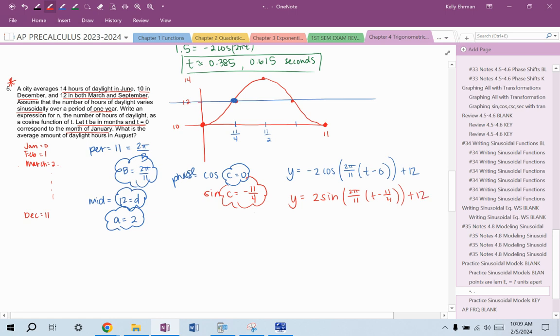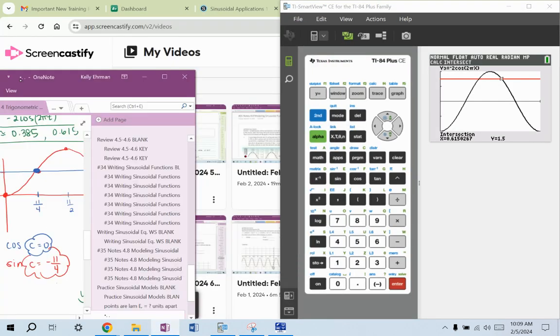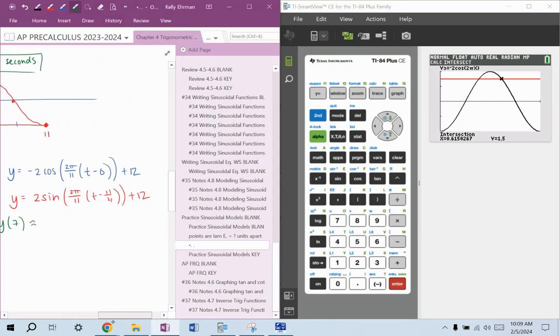And because I don't want to deal with the shift, when I'm making a prediction, it says, what is the average amount of daylight hours in August? So August would be, even though it's the 8th month, it would be 7. So y of 7. And I'm just going to plug into this one.